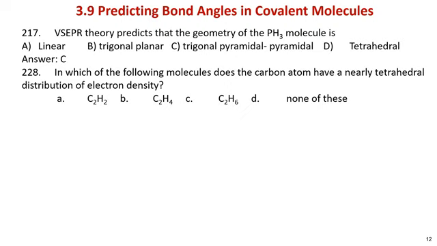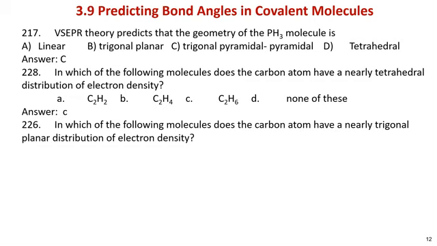Acetylene and ethylene have a double bond and a triple bond, therefore they don't have tetrahedral. Answer is C. Which molecule has a carbon atom with a nearly trigonal planar distribution? Trigonal planar is B. Remember ethylene we talked about? I'm going to finish this after.